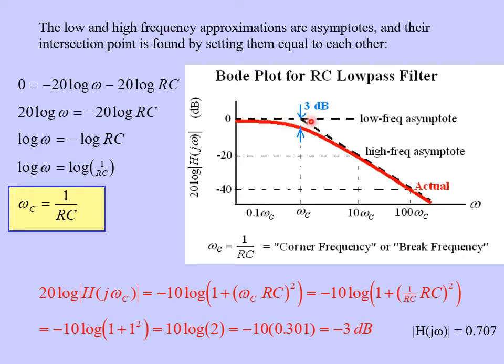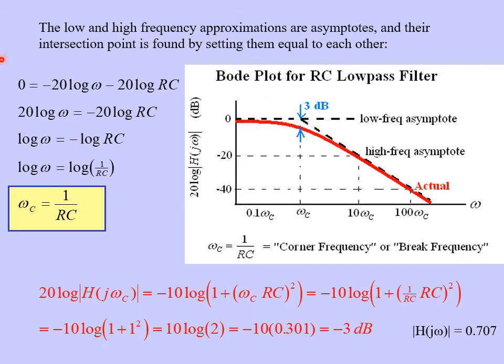This dotted line right here is what we call our low frequency asymptote. Likewise, we showed that at high frequencies, the slope is negative 20 decibels per decade. So let's find what happens when we set these two asymptotes equal to each other.